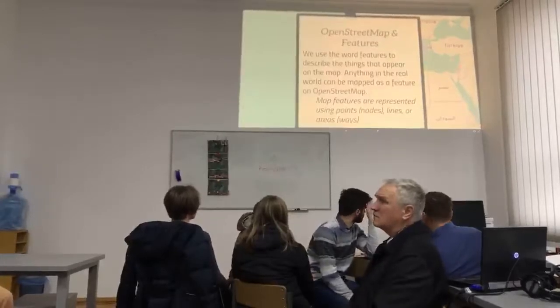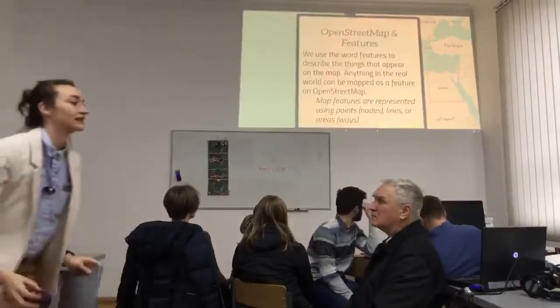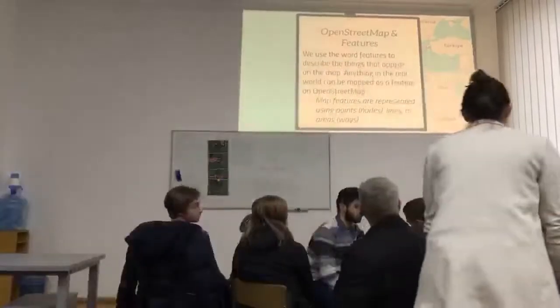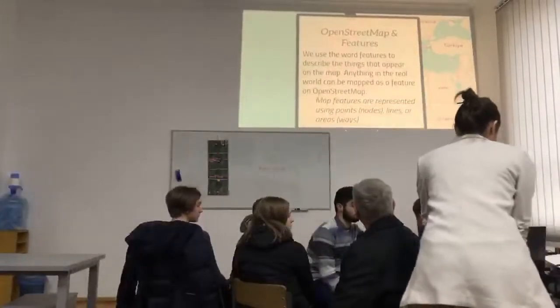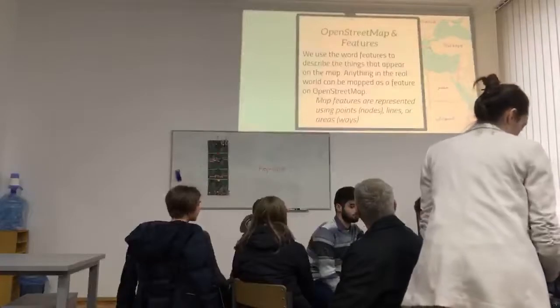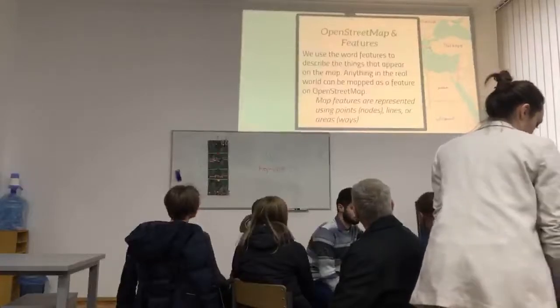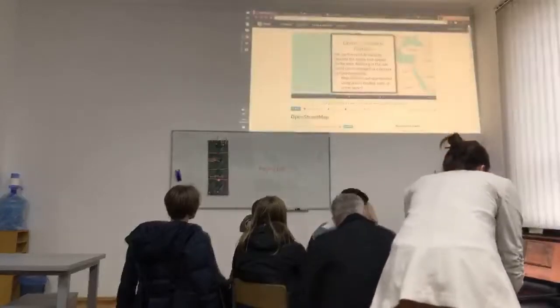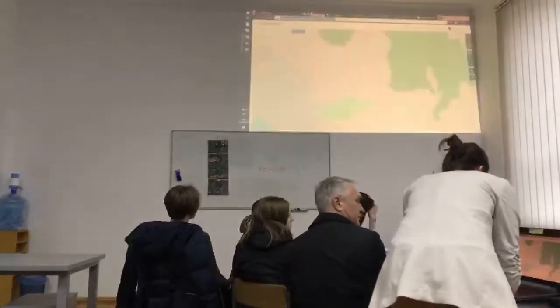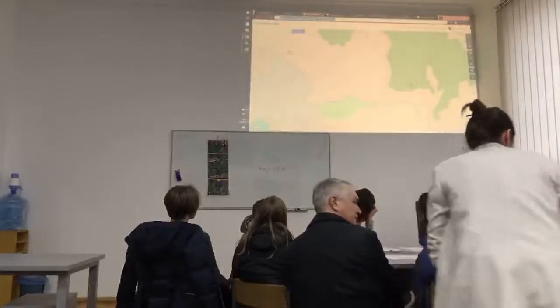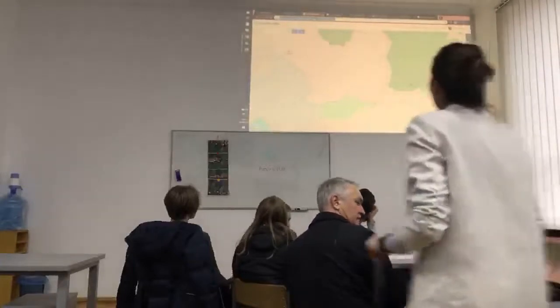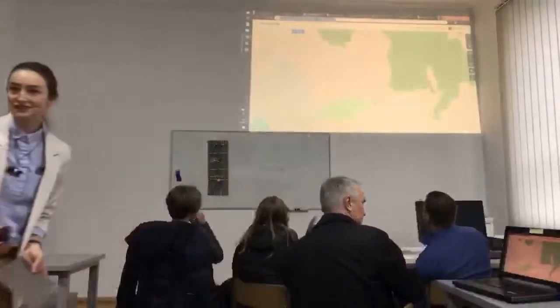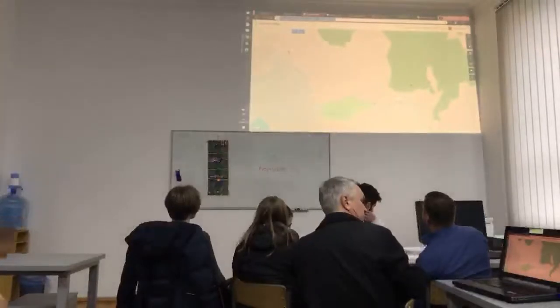Let's see if I can successfully get out of this and open up OpenStreetMap without breaking the technology. You're okay, Dimitri, don't worry. This essentially is the interface of OpenStreetMap.